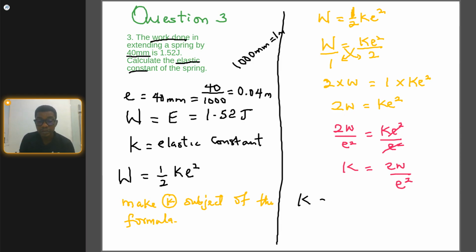K is equal to 2 times W, which is 1.52, over E. Letter E is 0.04 in brackets, all squared, because the E has a square.